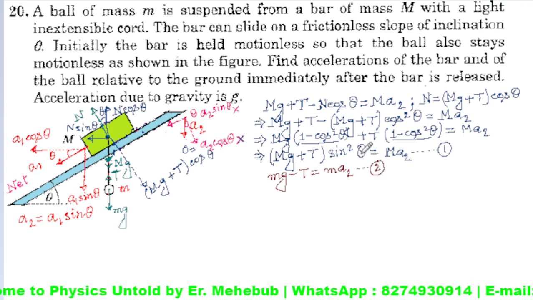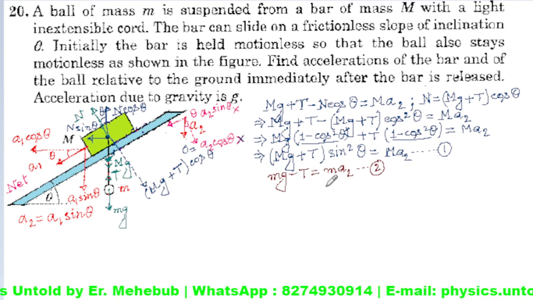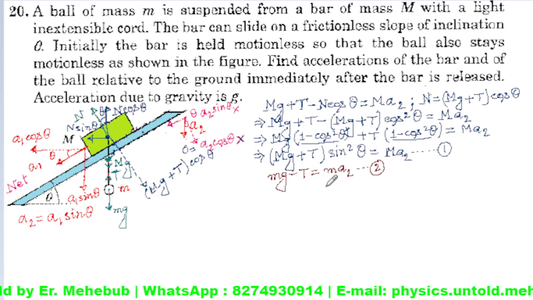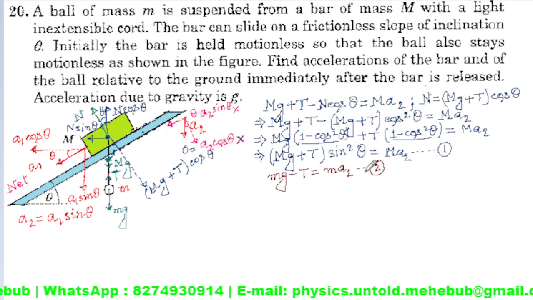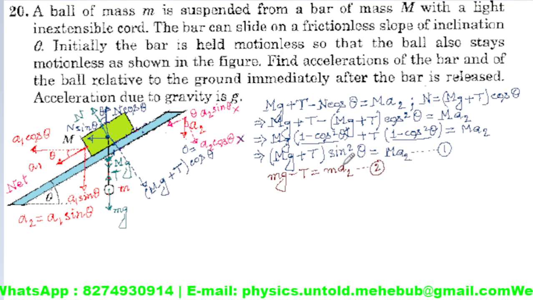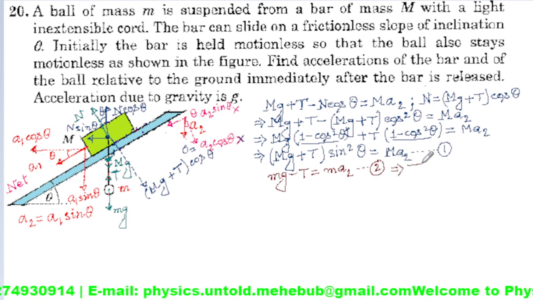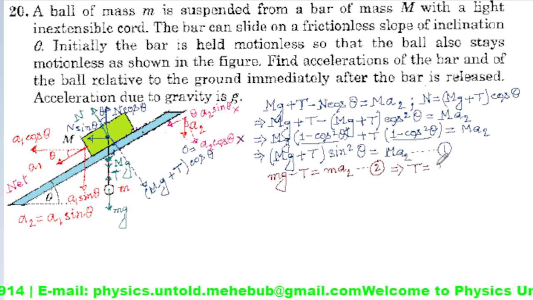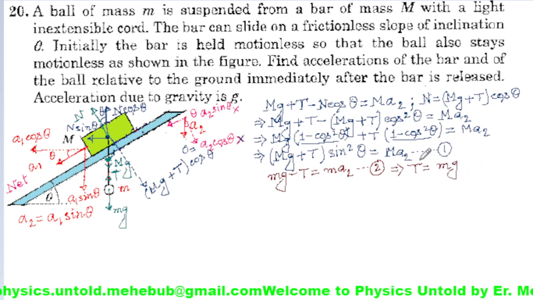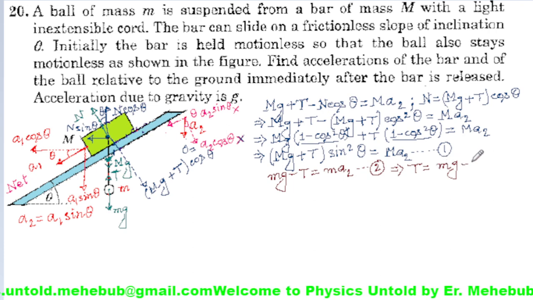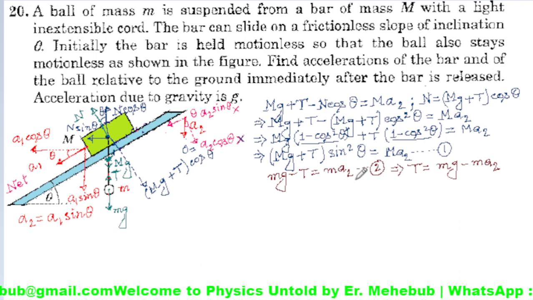Now we can eliminate T from these two equations. From equation number 2, we can write the value of T as mg minus ma2, and we can substitute the value of T in equation number 1.